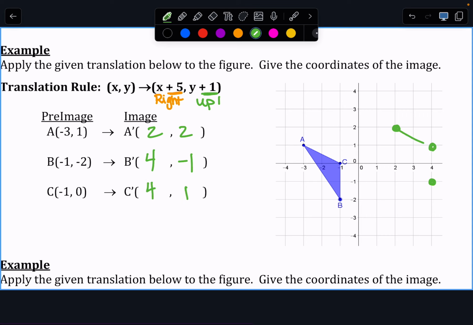Here's the deal: when I make my image, we are going to call the new A prime, like A with an apostrophe, B prime, C prime. So normal ABC is my pre-image. A prime, B prime, C prime, that is my image. That way you know which one was the beginning and which one was the end.